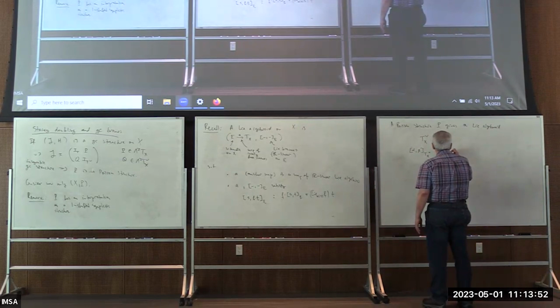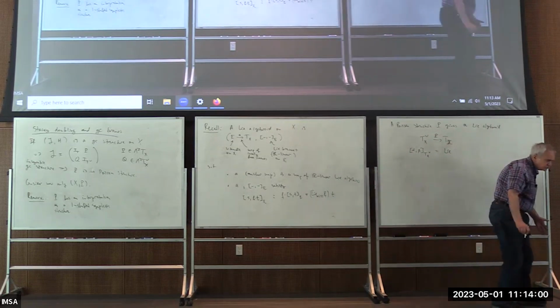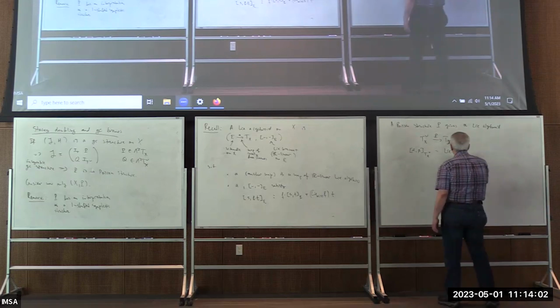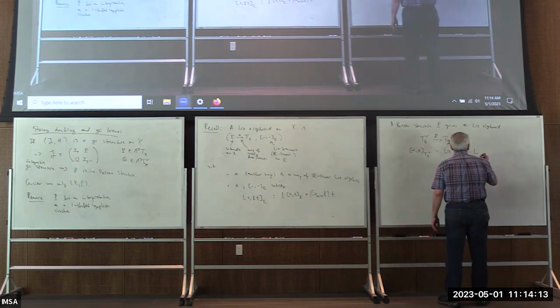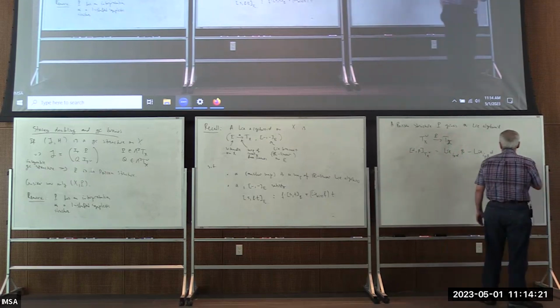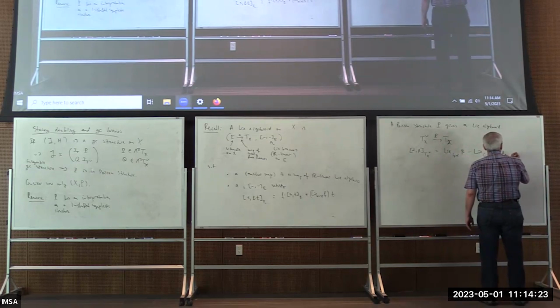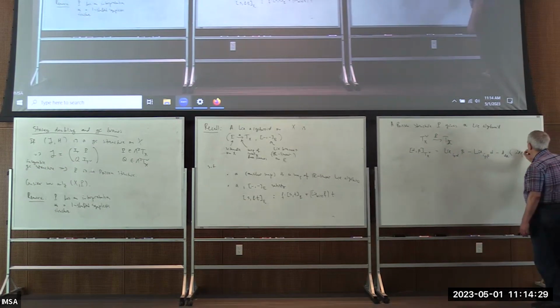So you contract alpha with P, that gives you a vector field, you differentiate beta like that, then you subtract the same thing the other way around, and then plus or minus, you take the differential of the contraction of alpha and beta.